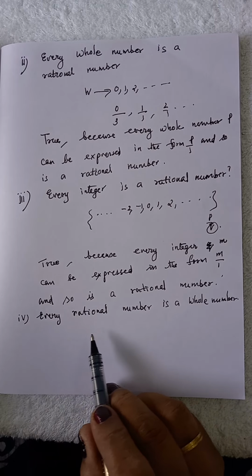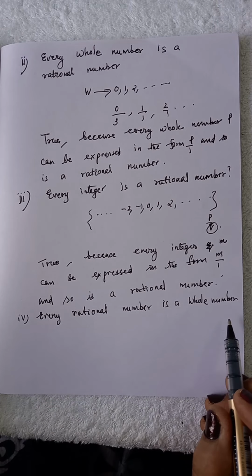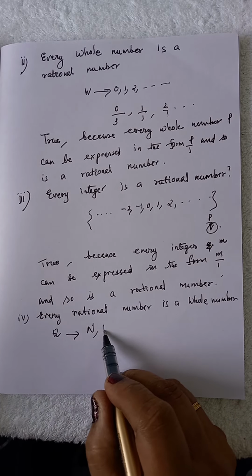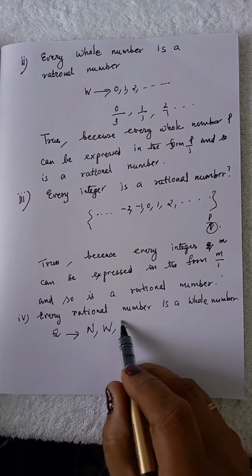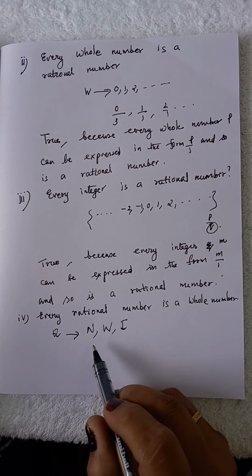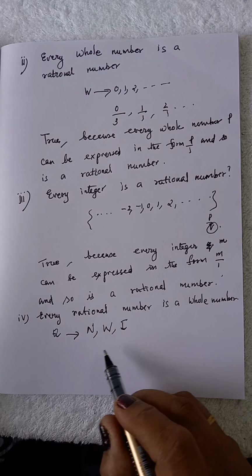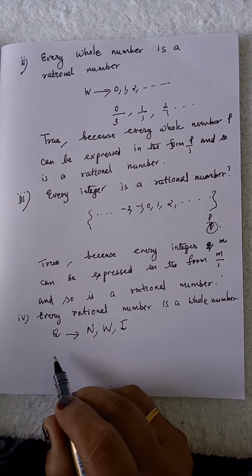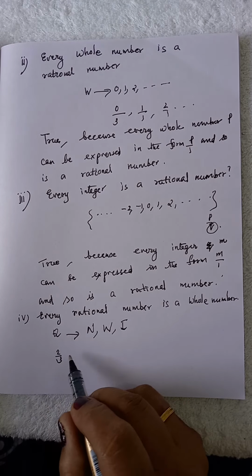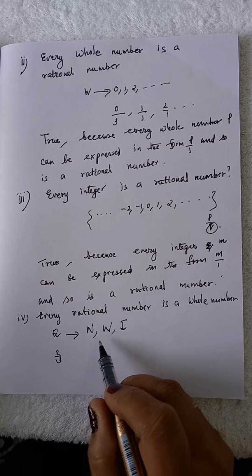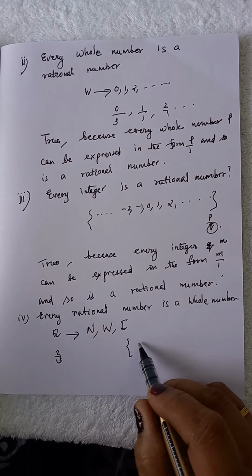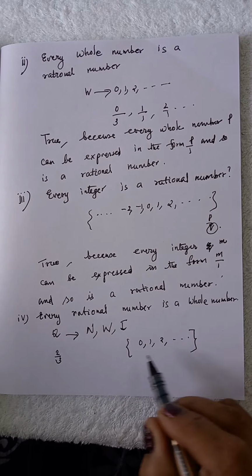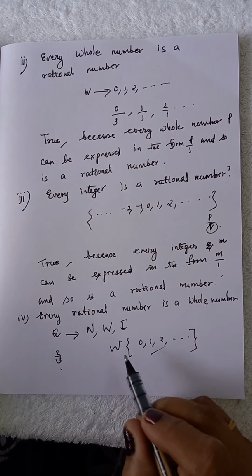Now the fourth statement is, every rational number is a whole number. We know rational numbers include natural numbers, whole numbers, integers, all these are included in the rational numbers Q. But every rational number is a whole number is not true, because if you take a rational number, say 2 by 3, it cannot be a whole number because whole numbers start from 0, 1, 2, 3 etc. So this is not included in the set of whole numbers.